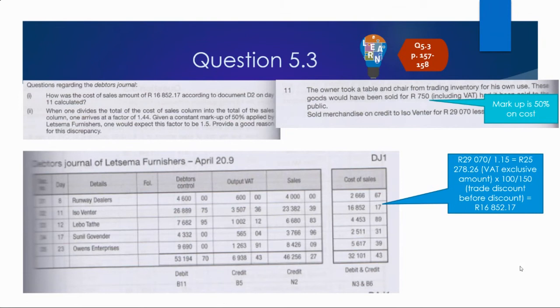Okay, so if we take the total cost of sales, that's 32,101, and we divide it by the total sales, we would expect that our factor is 1.5. Now, why is it only 1.44? What do you think the main reason could be? What do you think could have resulted in a variance between the two?